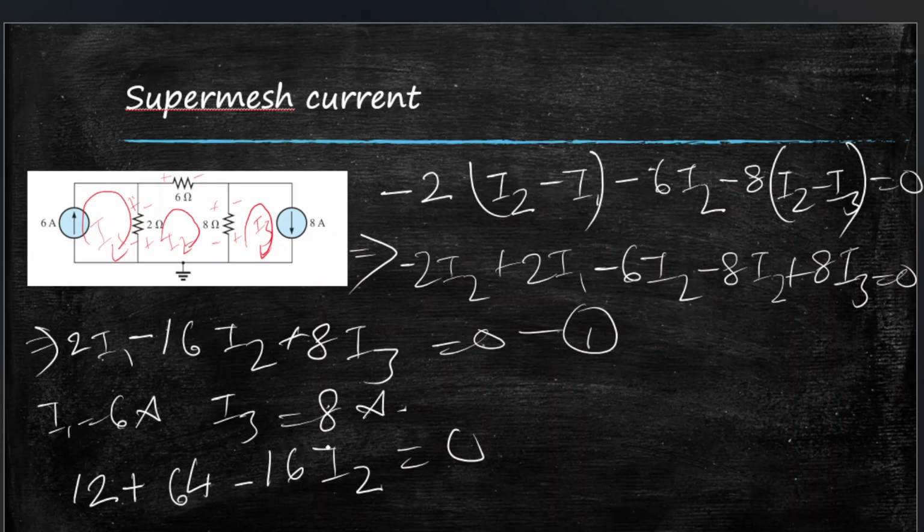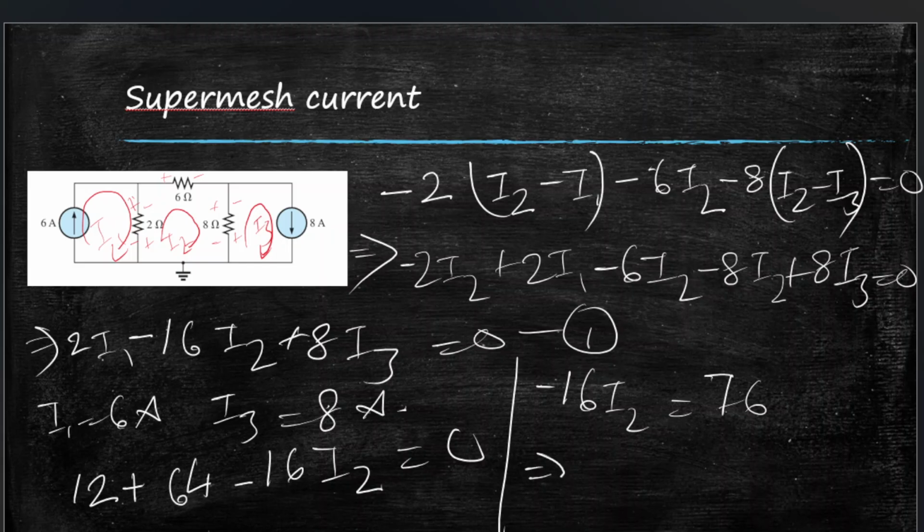Now we have just one unknown variable, so we can just calculate that without having to solve linear equations. So minus 16I2 is equal to minus 64 minus 12, which is minus 76. 64 plus 12 is 76.